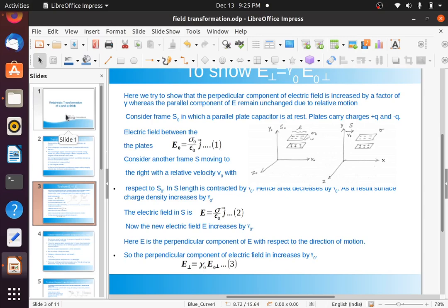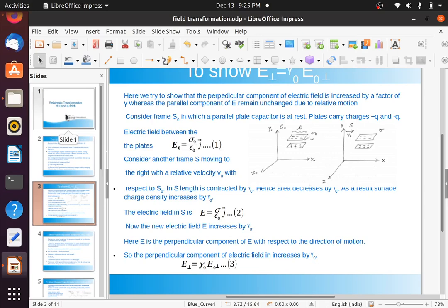From these results, substituting sigma 0 by epsilon 0 as E0, the new electric field appearing from the S frame is E equals gamma 0 E0.